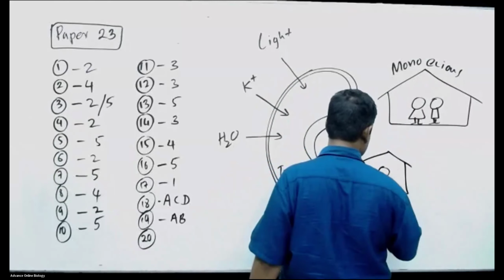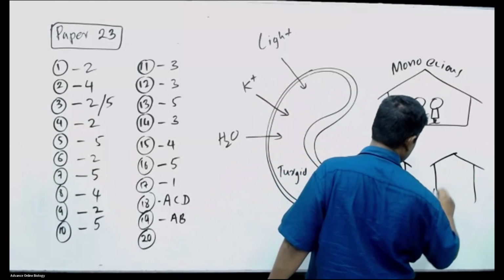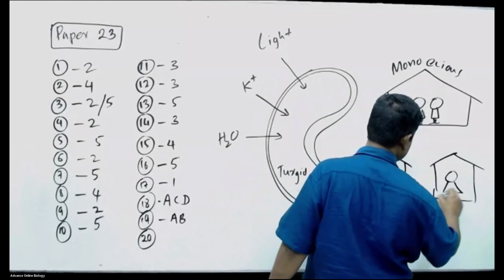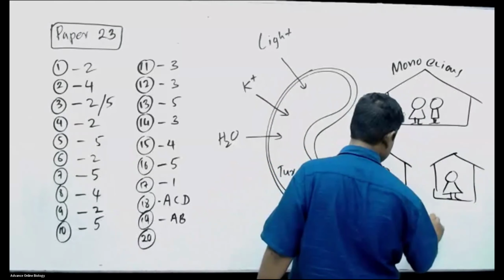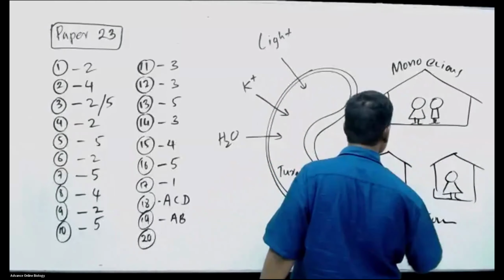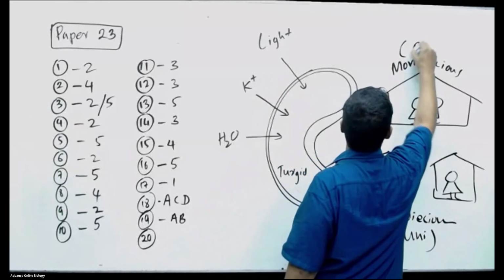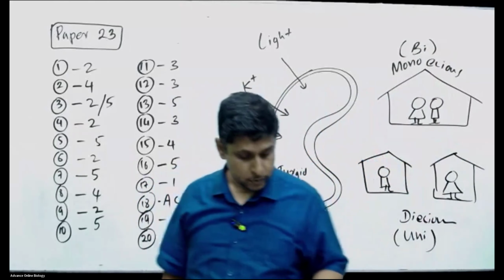Male in one house, female in the other house. What do you call that? Unisexual, dioecious. Look at this: this is one house, both sexes, male and female, in the same house. What do you call that? Monoecious. Ecious means house. Dioecious means two houses, male in one, female in another. Dioecious is unisexual. Monoecious, on the other hand, is bisexual. You learn all these things.